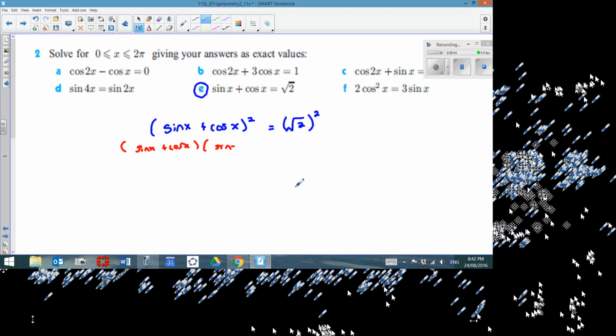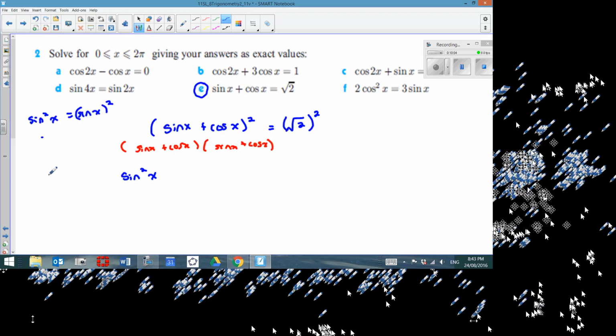So that means I will have to expand this. So if I multiply that out, I wind up with sine squared. Always make sure, a couple of questions over the last few days, make sure sine squared x is sine x quantity squared.